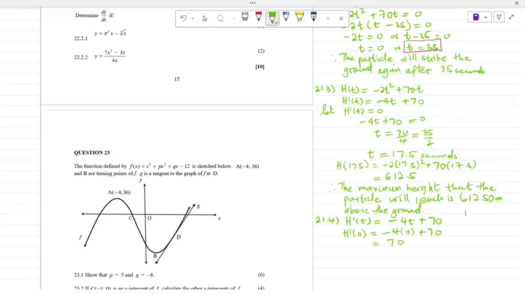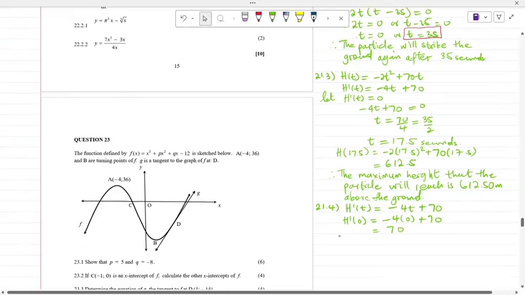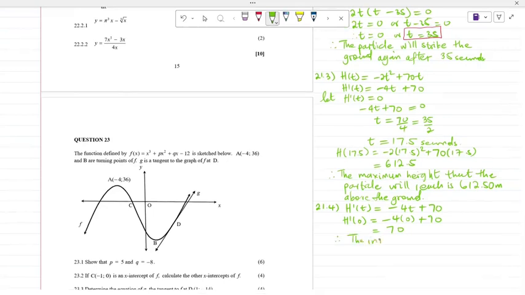So therefore, the initial velocity of the particle is 70 meters per second upward, if we treat upward as positive, since this value is positive.